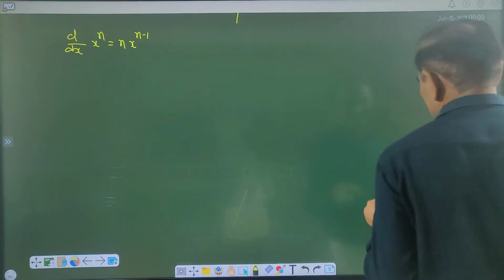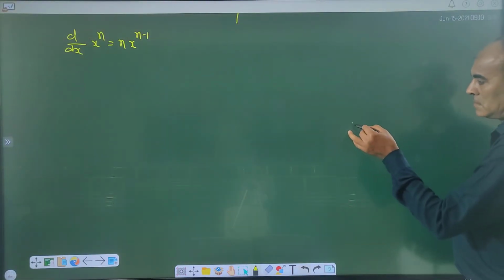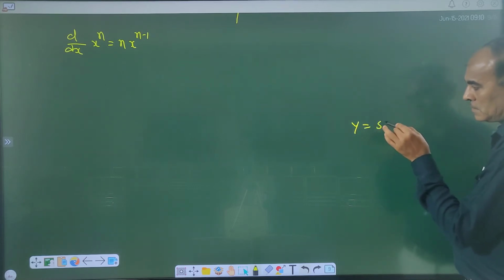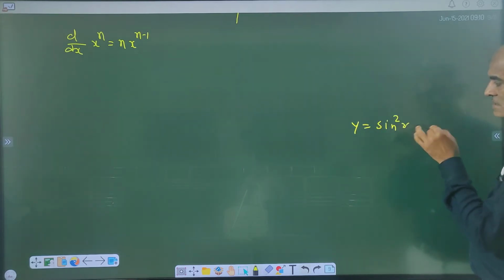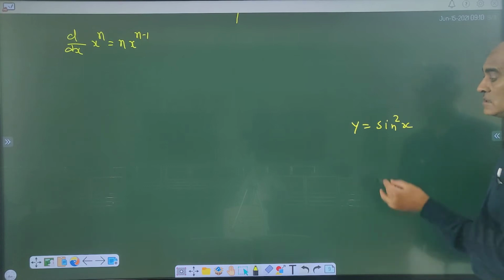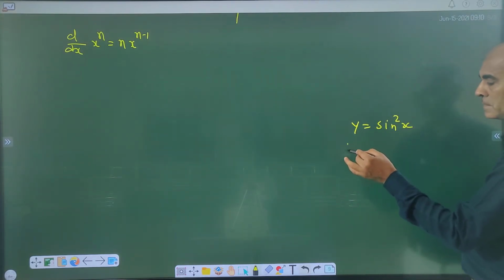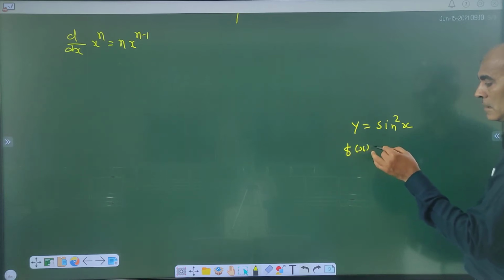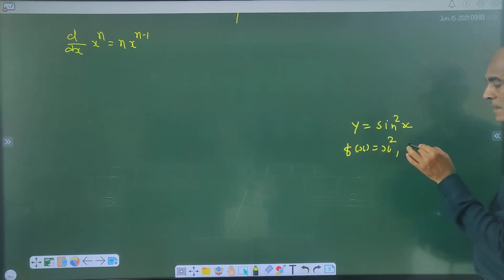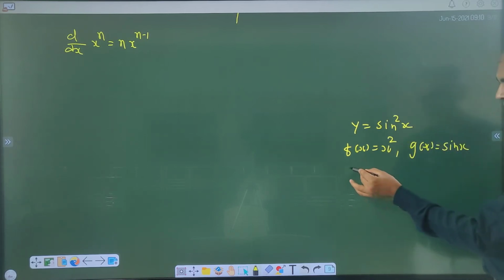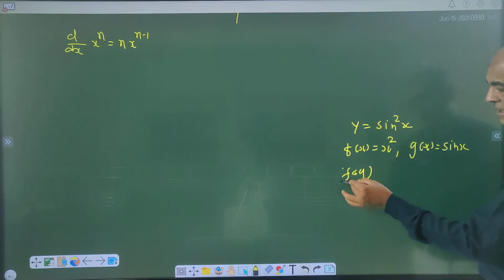Now, see, if I take y is equal to sine square x, it is a product of two functions and is also a composition. f(x) is equal to, if I take x square, and g(x) is equal to, if I take sin x, then what is f o g at x?